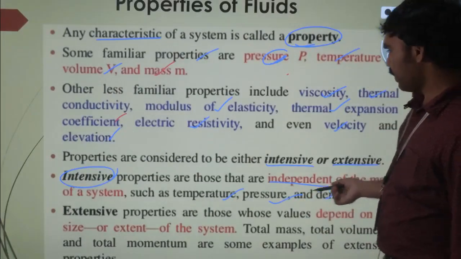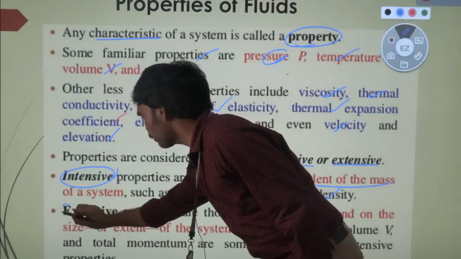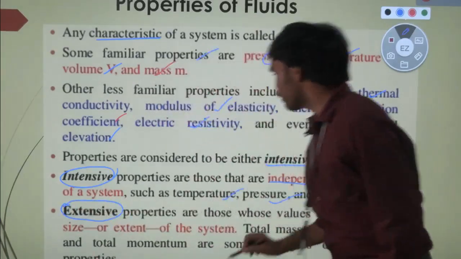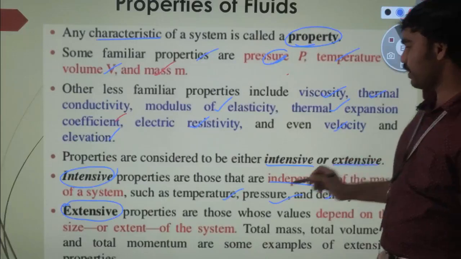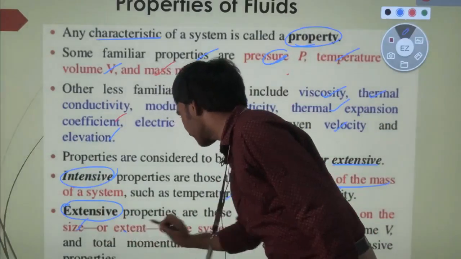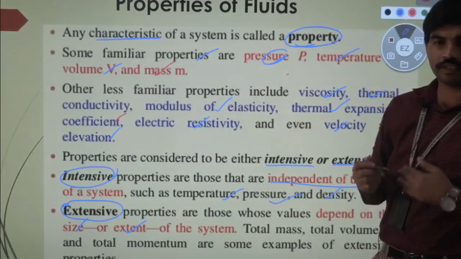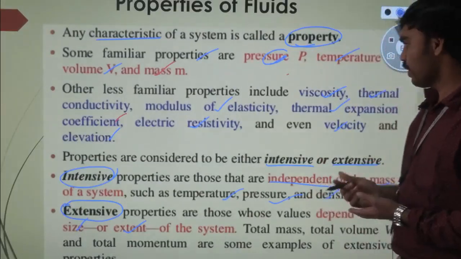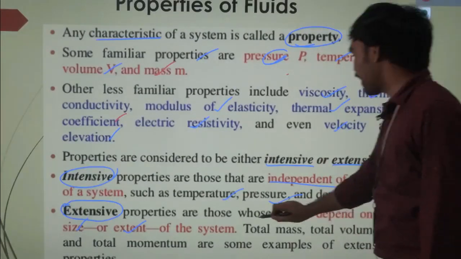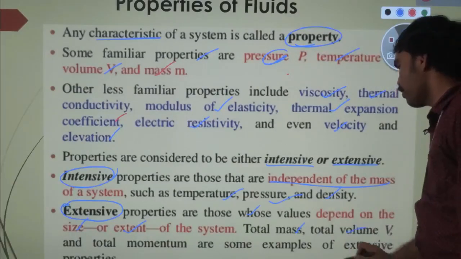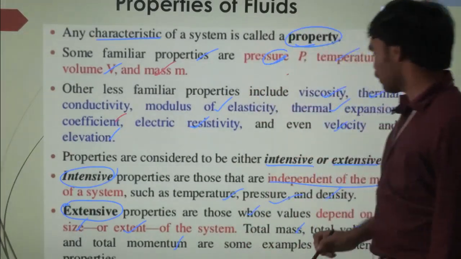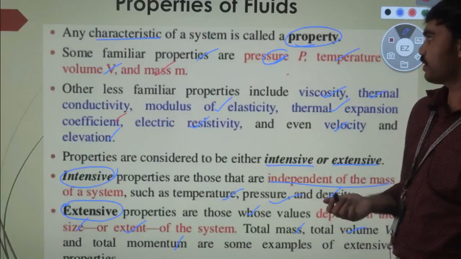We will discuss them in detail. Next, extensive properties. Extensive properties are those whose values depend on the size or extent of the system, or upon the mass of the system. For example, total mass, total volume, or total momentum are some examples of extensive properties.